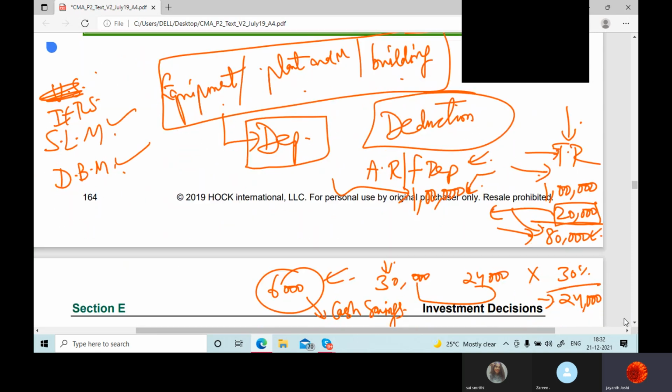As per US GAAP, since US GAAP is the standard which you are learning, a United States based accounting standard, the straight line method is all right. There is also a double declining method. So these two methods are applicable when you prepare a financial report.